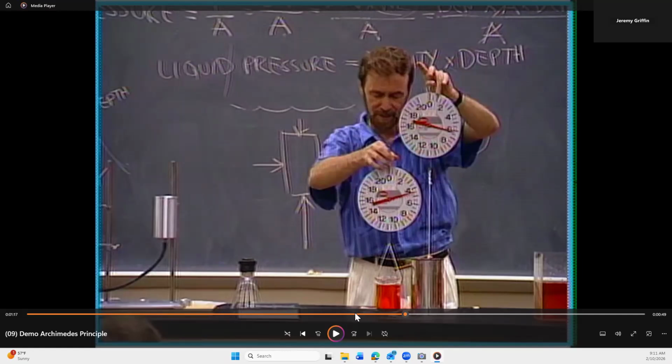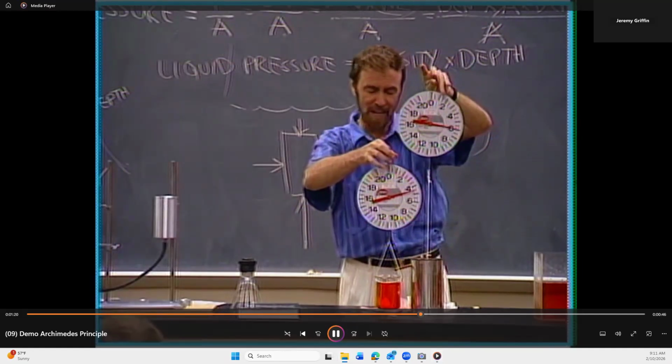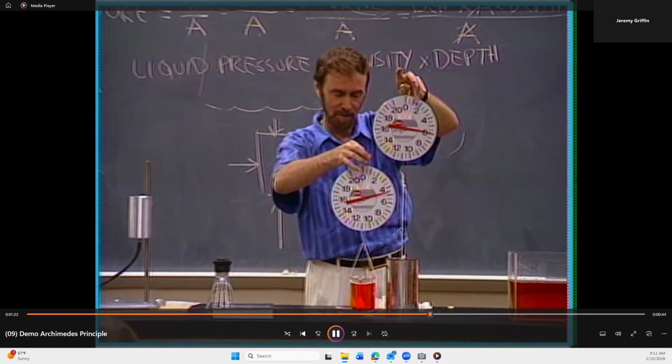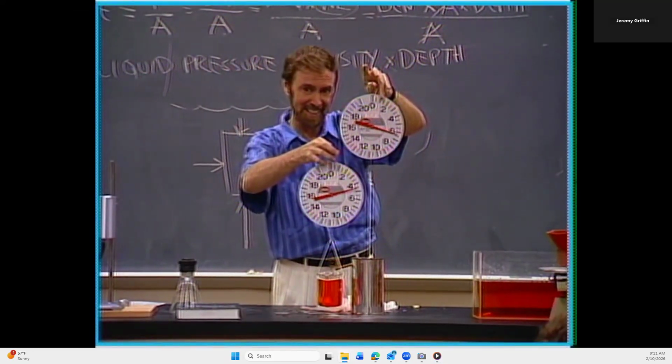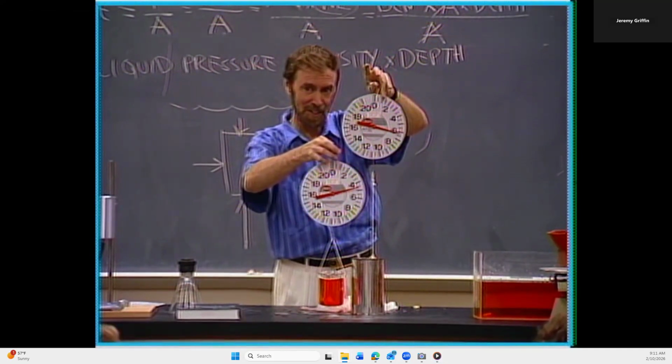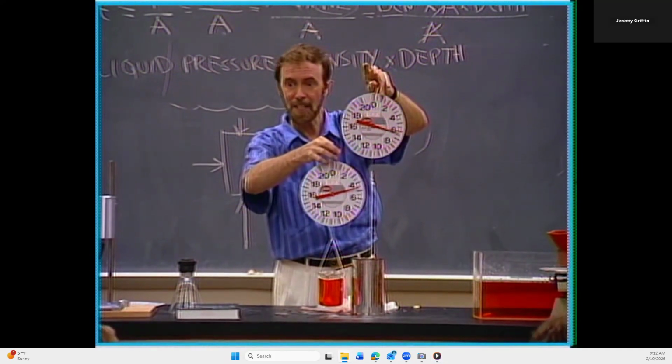The weight of the displaced water. I want you to compare how much weight did this lose, the suspended weight, and how much weight did this gain? Do you see that they're the same?